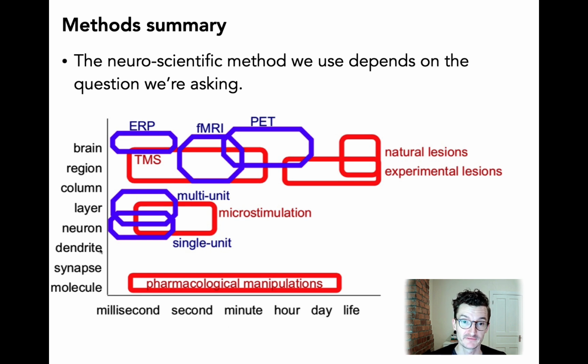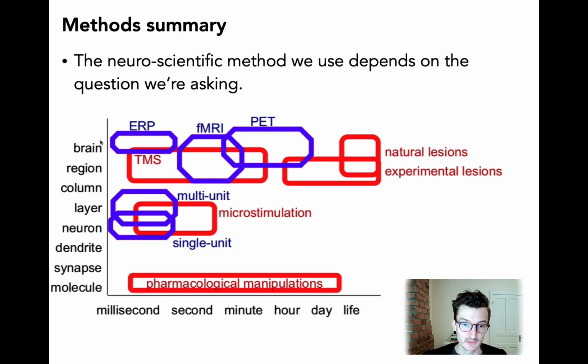ERPs, electroencephalography, as we discussed, has very high temporal resolution, but very poor spatial resolution, right? So we can't pin down exactly where the neural firing is coming from. We can detect it very quickly, but we're seeing it sort of on the level of the entire brain.